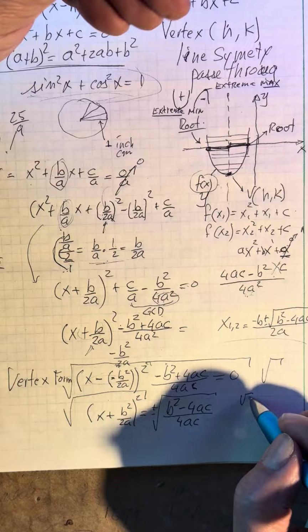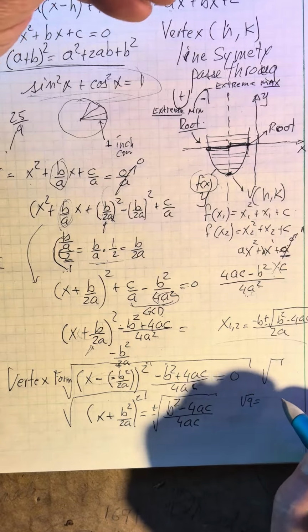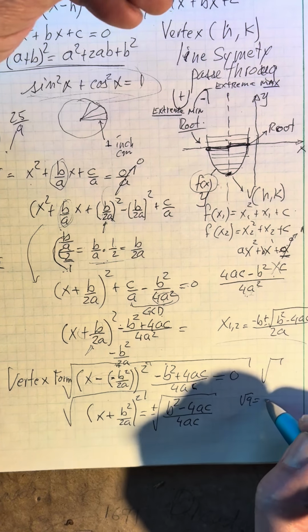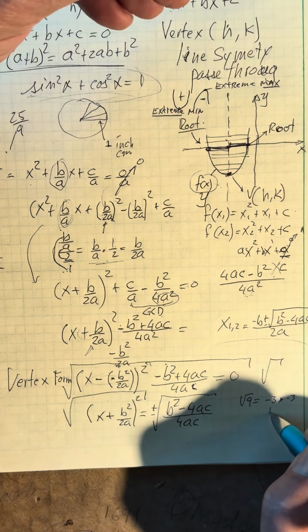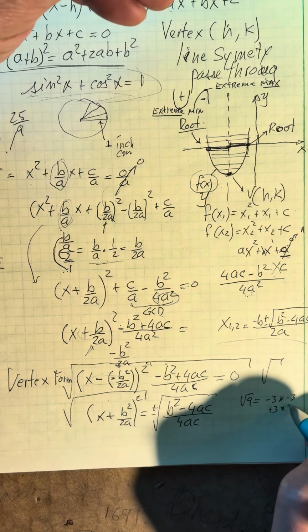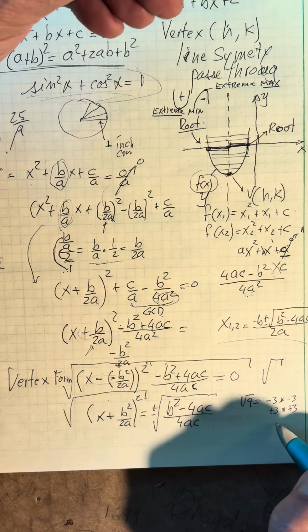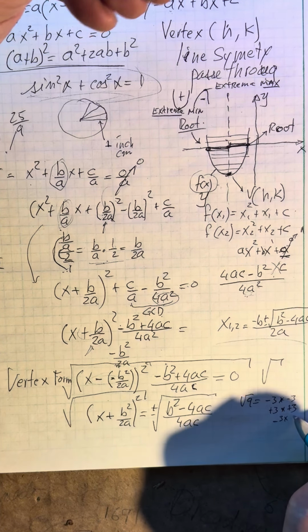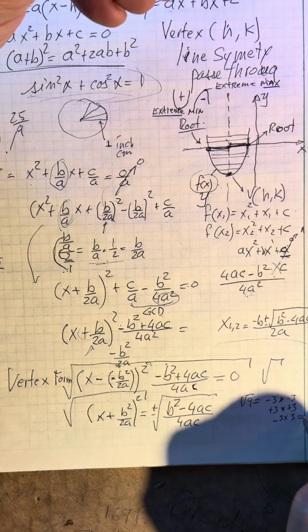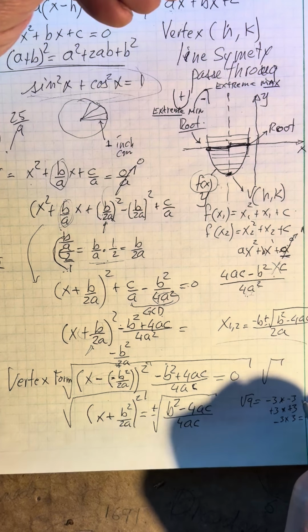when you have a square root, this will be equal to minus 3 times minus 3, or plus 3 times plus 3. And minus 3 times plus 3 is minus 9.